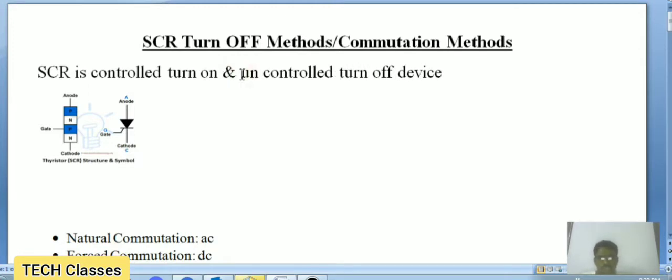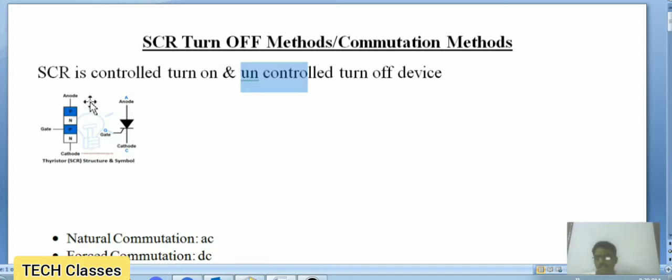Due to this reason, we are studying about this topic. Here the two terms are there. One is controlled turn-on and another one is uncontrolled turn-off.